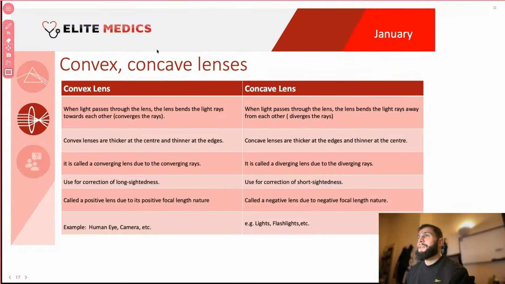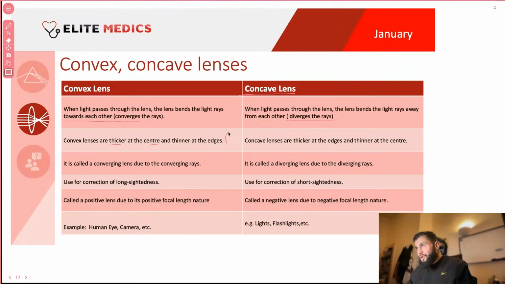If we were to compare these two, light passes through the lens and the lens bends the light. Convex is converging, bringing the rays into a single point. Concave is diverging, pushing the light away. Now convex lenses are thicker at the center.